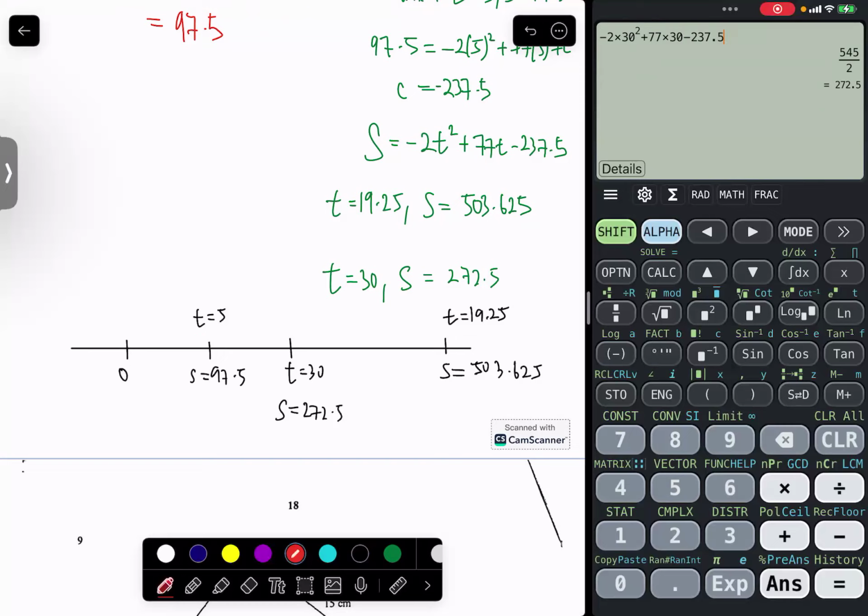So the distance traveled is in two parts.